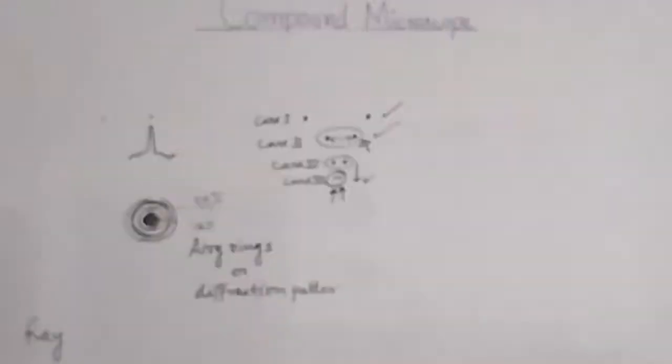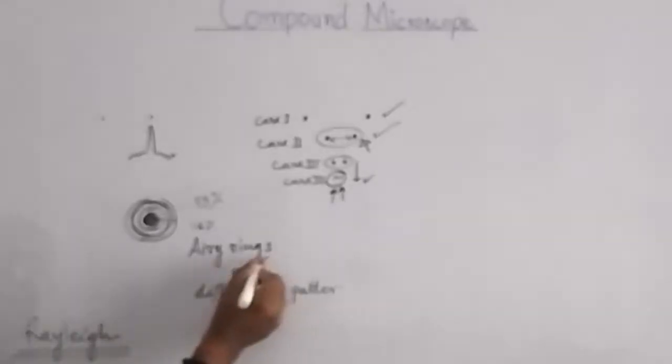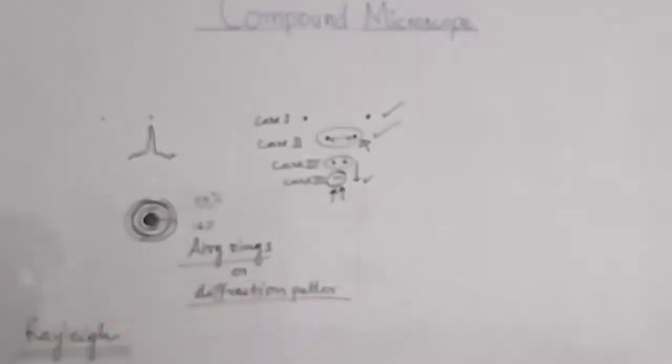Later on, after George Airy, came Rayleigh, a great scientist. He published many papers in different aspects, not only in science. He published about 350 papers and around the same number of books. So can you imagine the person? He was a great scientist. What he said is that these Airy rings are a diffraction pattern.